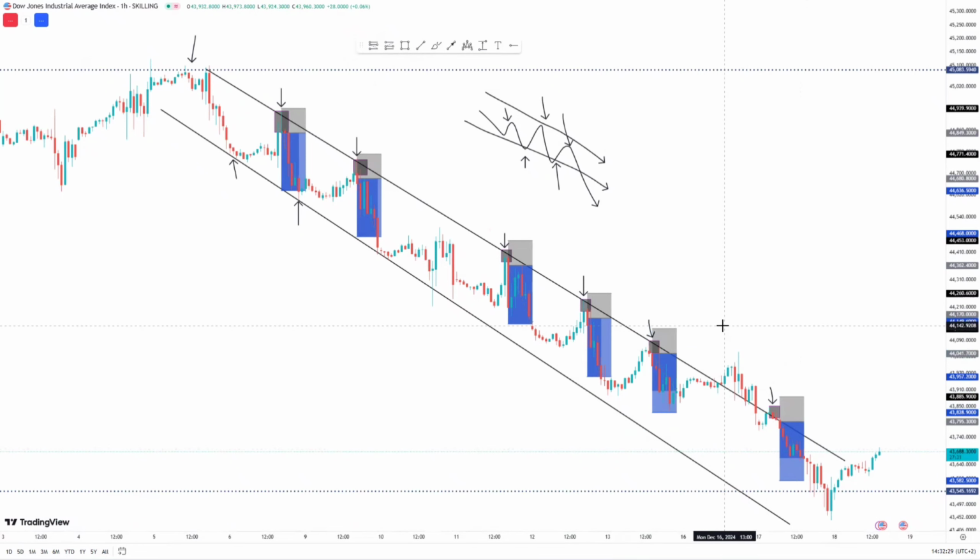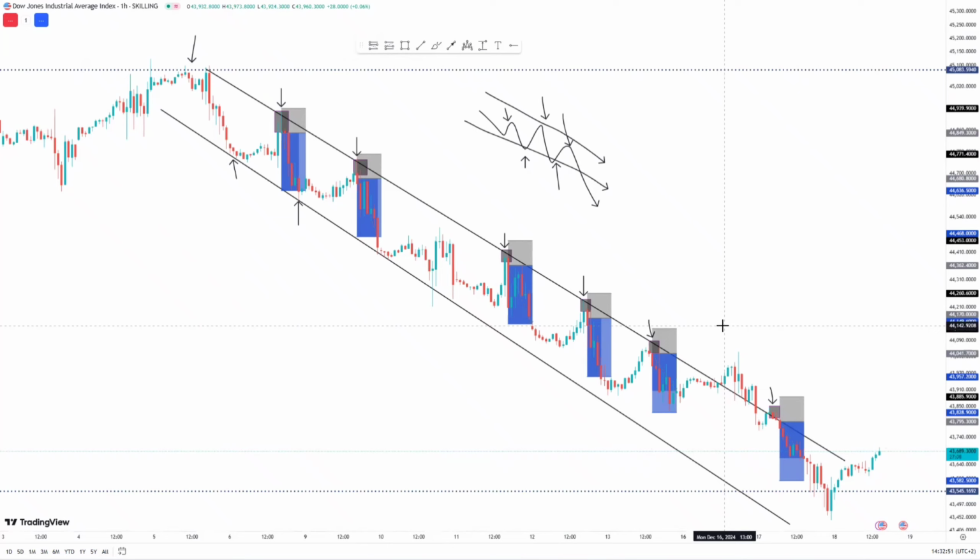So guys, understand that your channel, your structure, your behavior, and your confirmations are 4 confluences that you can use in order to capitalize once price gives you a sign of a descending channel, a bearish channel, or once price is in a diagonal resistance and a diagonal support.